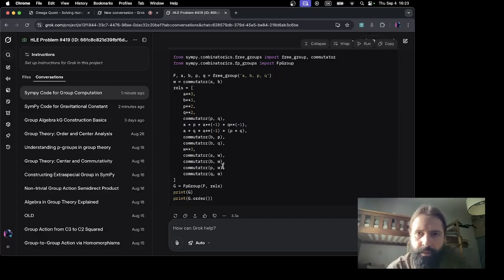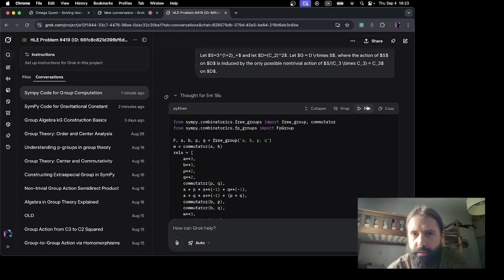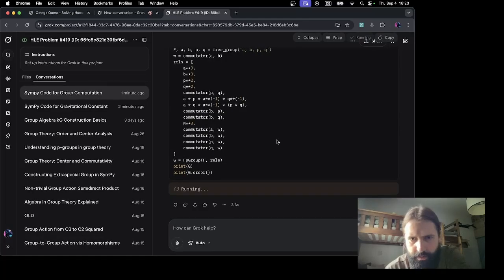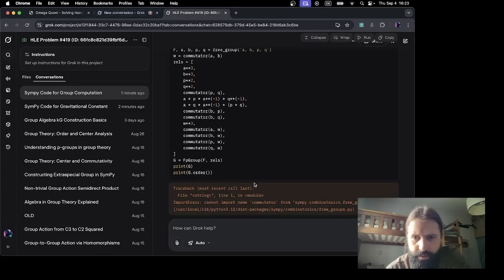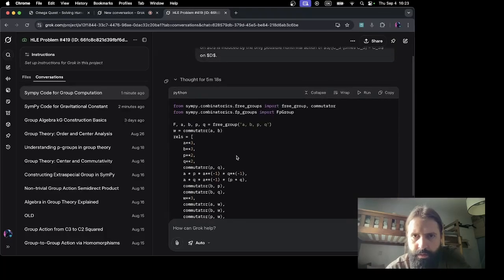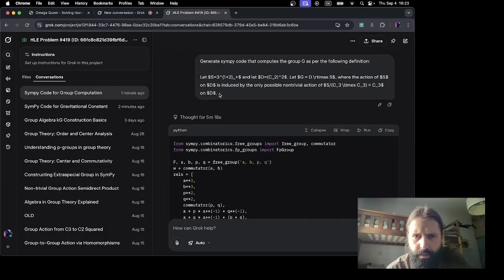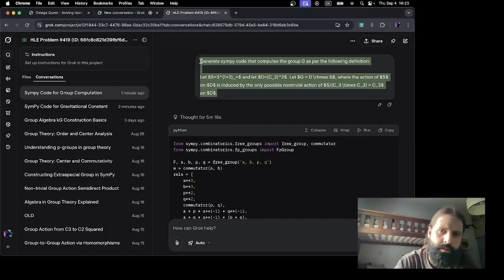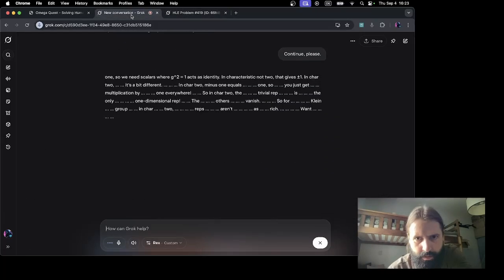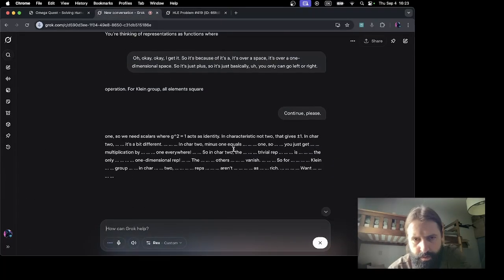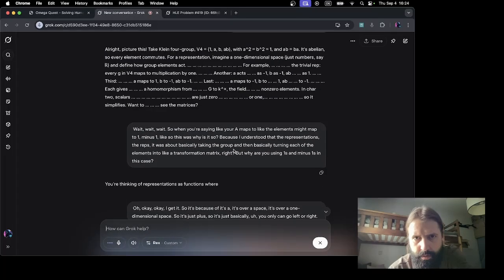In char 2, it's a bit different. In char 2, -1 equals 1, so you just get multiplication by 1 everywhere. So in char 2, the trivial rep is the only one-dimensional rep. The others vanish. So for the Klein group in char 2, reps aren't as rich.